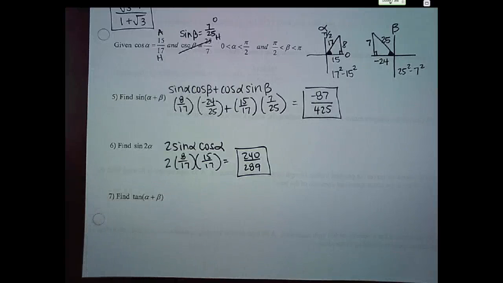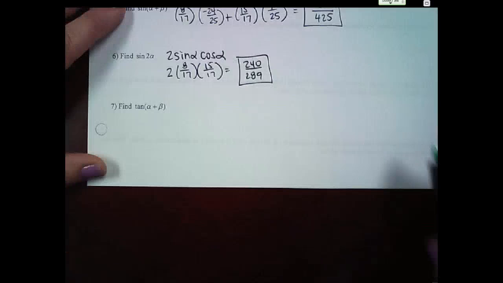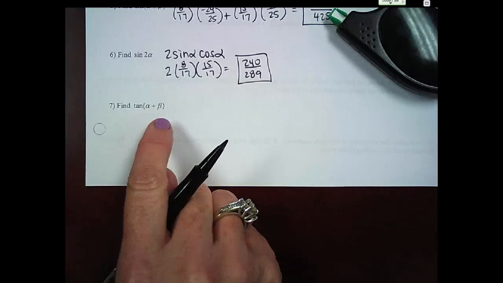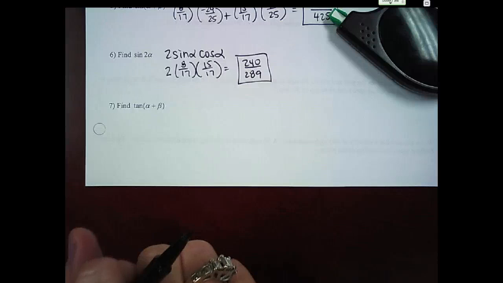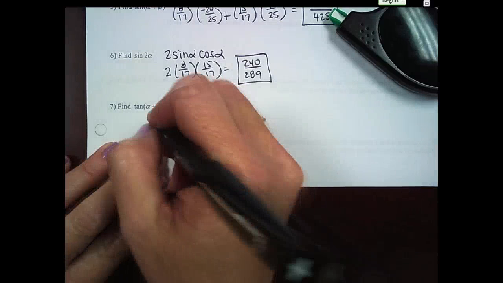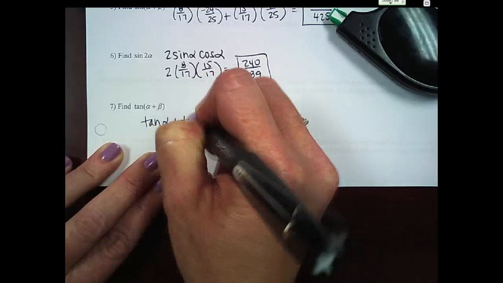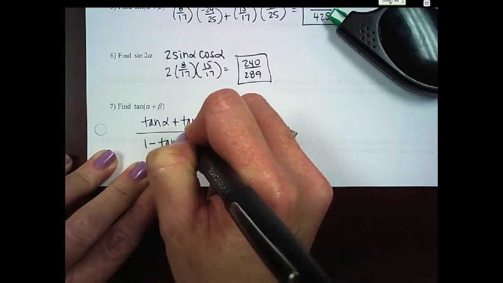Number 7. Number 7 is tangent alpha plus beta. Look at your formula chart. Find it. And it looks like this. Tangent alpha plus tangent beta over 1 minus tangent alpha times tangent beta.